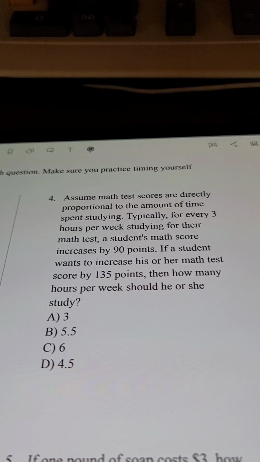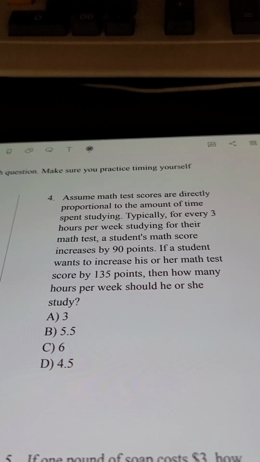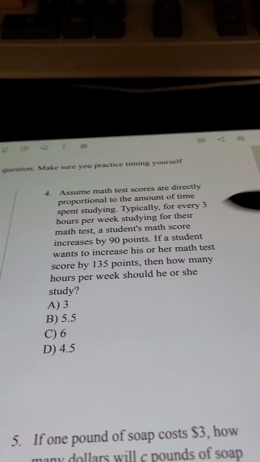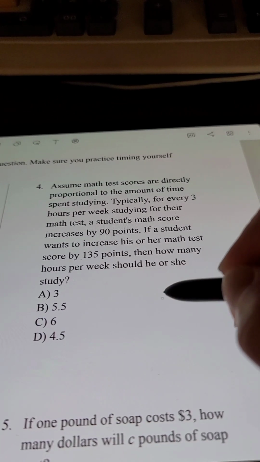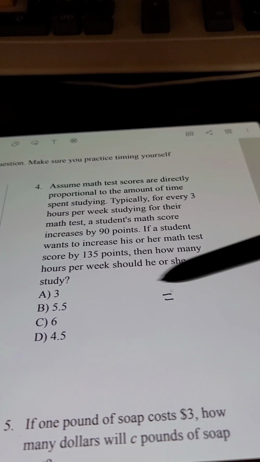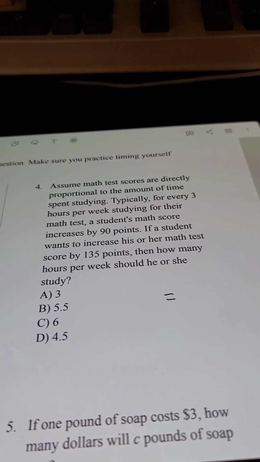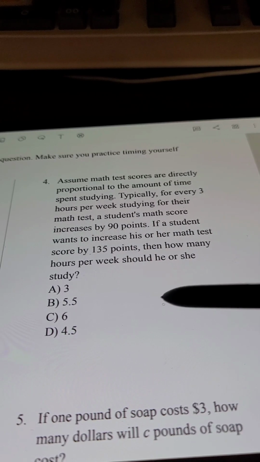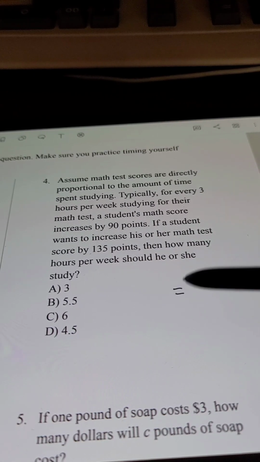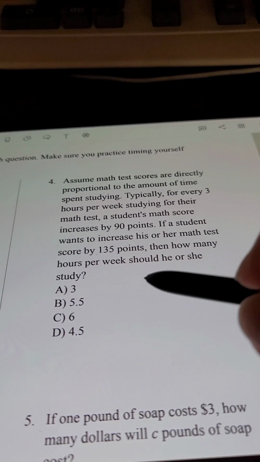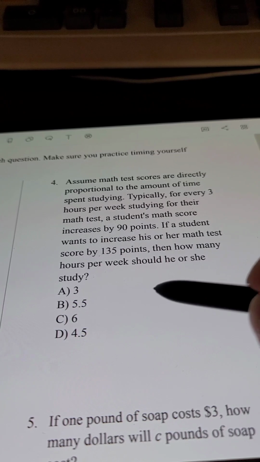Okay, pause to read number 4 if you haven't already. For number 4, again, we're going to set up a direct proportion. Remember that trick about the units to set it all up. So, a relationship on one side, a relationship on the other, with the units matching on top and units matching on bottom. So it's saying that we want to find how many hours per week the student should study if they want to increase their score by 135 points.